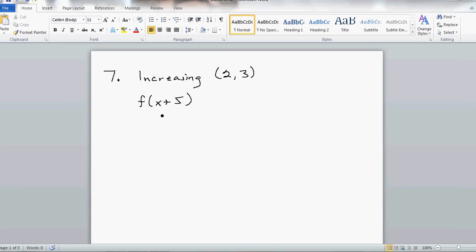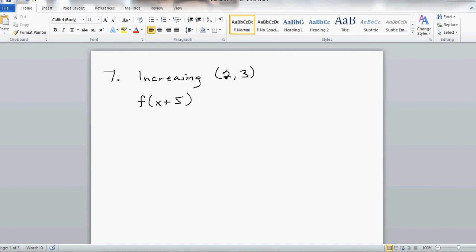Well, if you learned from the last section, we look at this plus 5, it's going to be doing a shift of some sort. The question becomes, is it up, down, or left and right? Since it's directly connected to x, that means it's either going to be left or right. More importantly, it does not behave. So we're going to be shifting it 5 to the left.